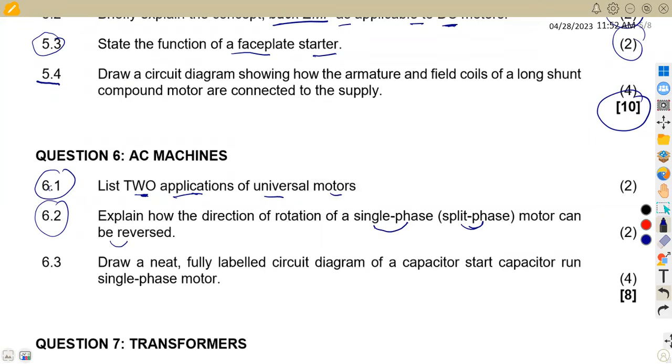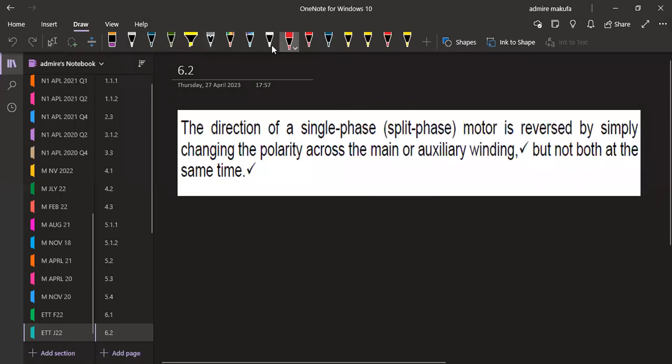The direction of a single phase split phase motor is reversed by simply changing the polarity. This question was repeated also in November 2020, so you have to check that one. It's all about reversing by changing the polarity across the main or the auxiliary winding, but not both at the same time.